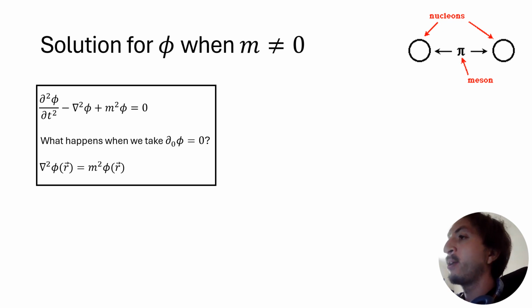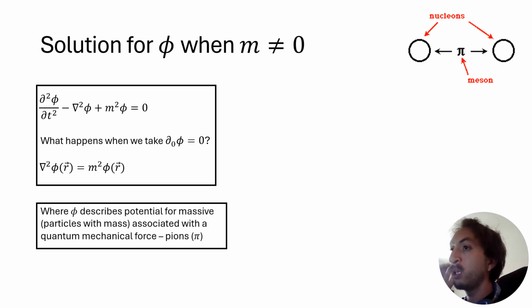So collectively we can think of these spatial coordinates as allowing us to plot a point with a vector associated with it in three-dimensional space, which we call the vector r. So our field becomes a function of essentially this vector r, and as I say, it has no time dependence.